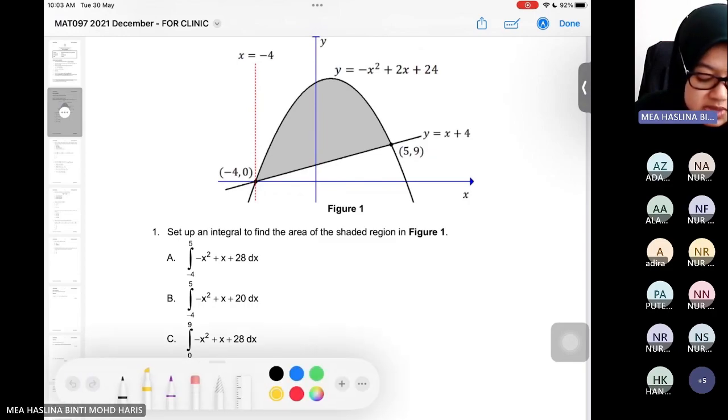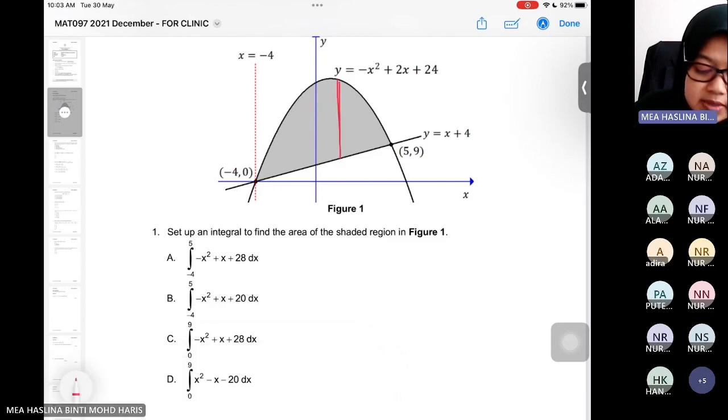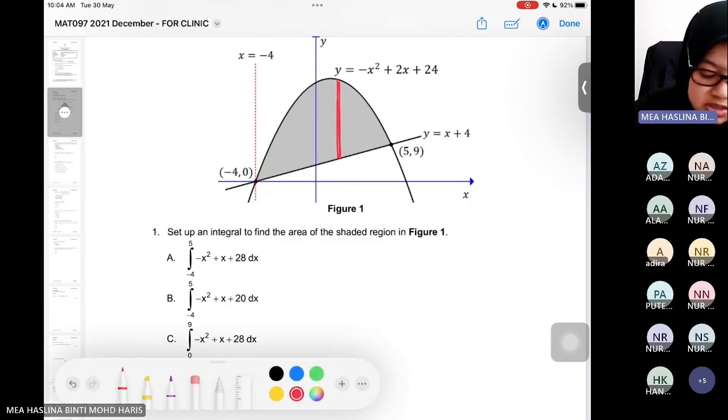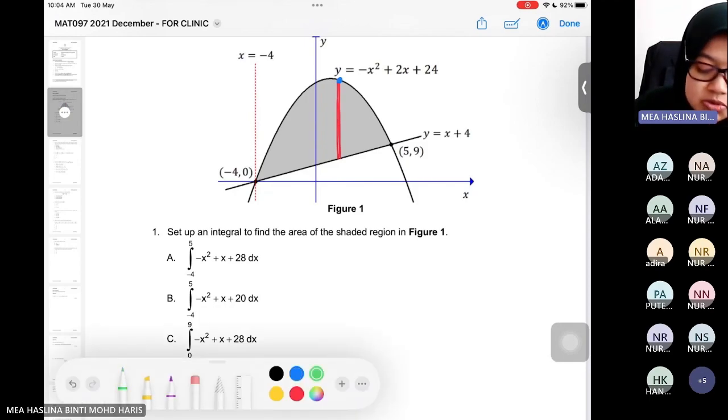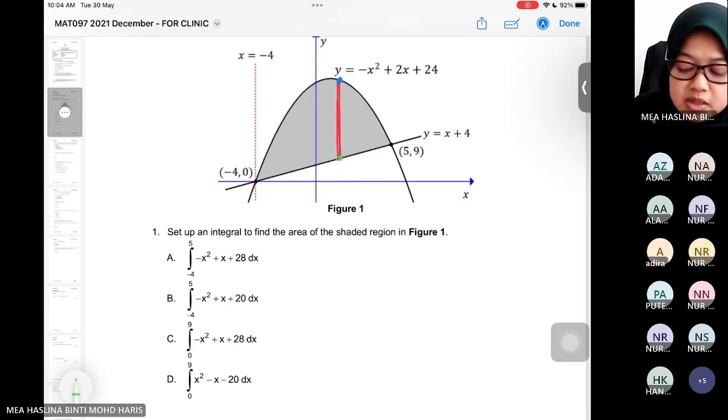When you consider vertical strips, you can see easily what the point above belongs to. The point above belongs to the curve, and the lowest point belongs to the straight line.